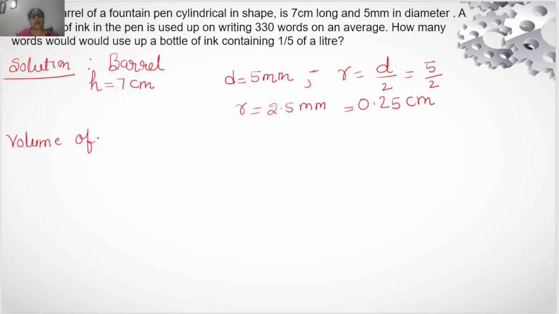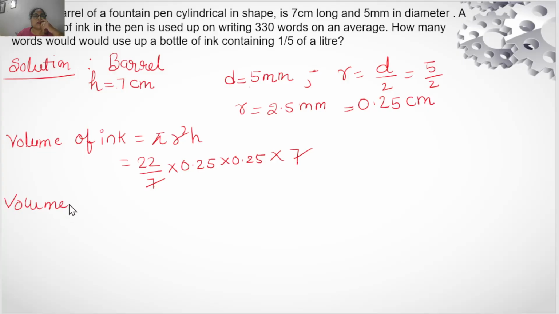So now the very first thing, find out the volume of ink filled in the barrel. Volume of ink will be pi r square h. So what is the value of pi here? 22 upon 7, and 0.25 multiplied by 0.25 multiplied by 7 centimeter. So just cut them, and the volume of ink you will get is 0.0625 multiplied by 22.